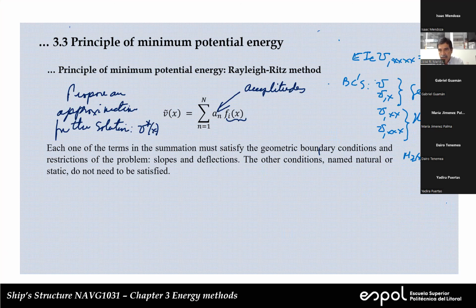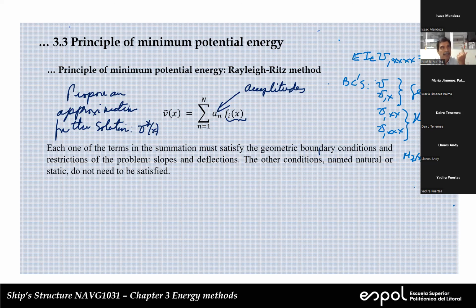The bending moment is equal to Young's modulus times the inertia times the second derivative of V. Exactly. So you have something like that. Okay, so if you say that the bending moment is 0, Young's modulus is never 0.